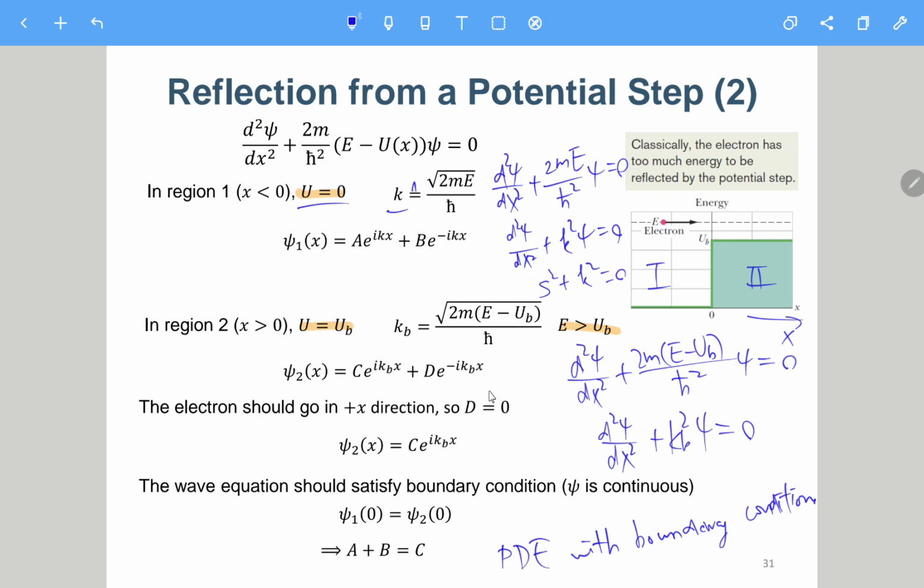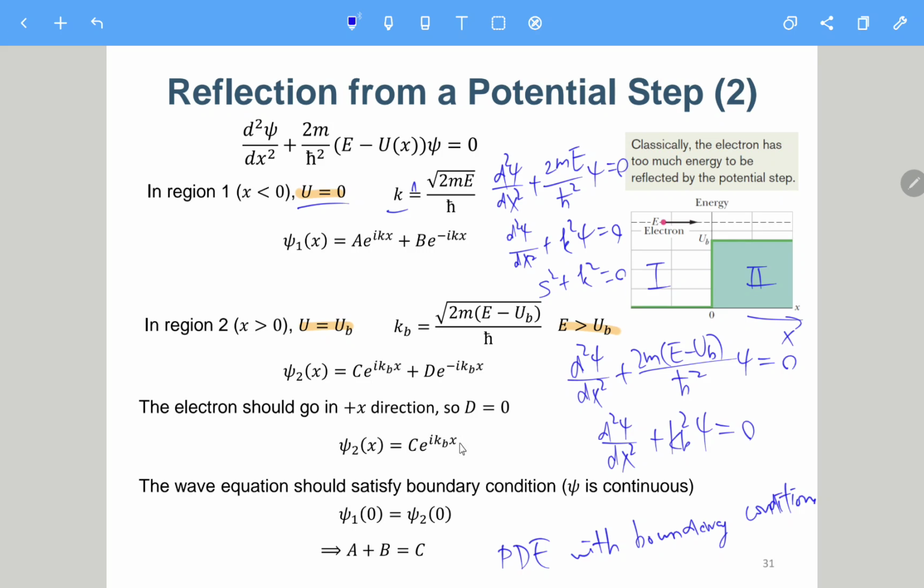But for region 2, the particle is coming from the left side to the right side. So as long as it passes through this step, it should go to the right side. It cannot go to the left side. So we just ignore this term, because we assume that the particle is going to the right side.